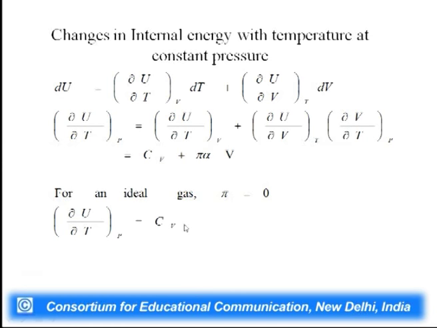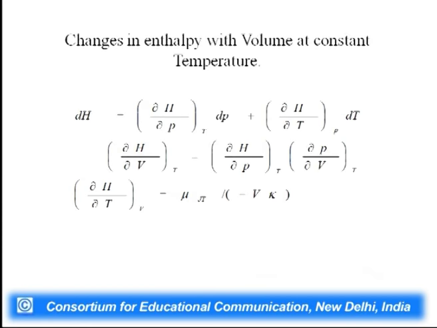So, it is quite simple once you understand how to start. You can always find out the change in internal energy with temperature at constant pressure, or any derivative. It is quite simple to derive an equation.